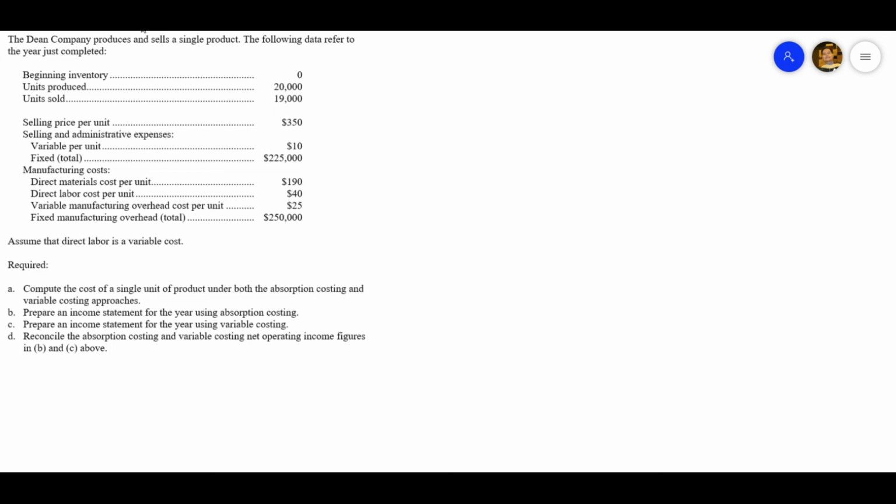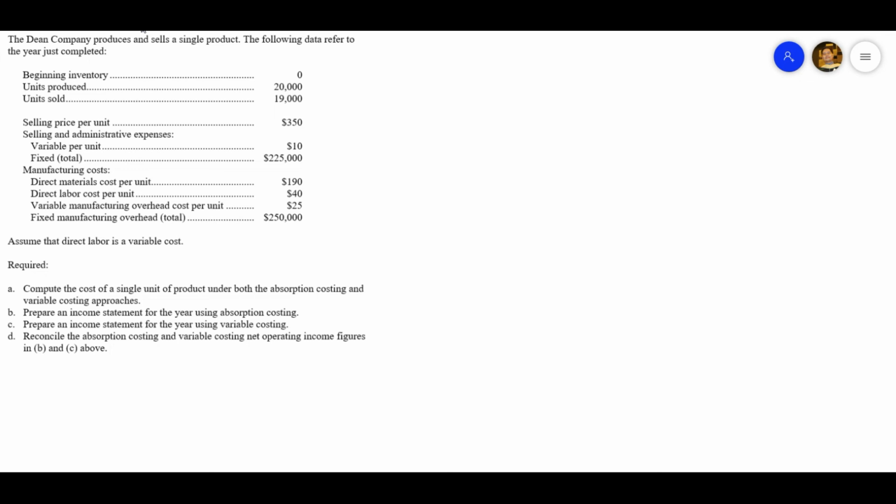And you have the following manufacturing costs: direct material cost per unit of $190, direct labor cost per unit of $40, variable manufacturing overhead cost per unit of $25, and fixed manufacturing overhead in terms of total $250,000. Assume that direct labor is a variable cost. So what are the requirements?